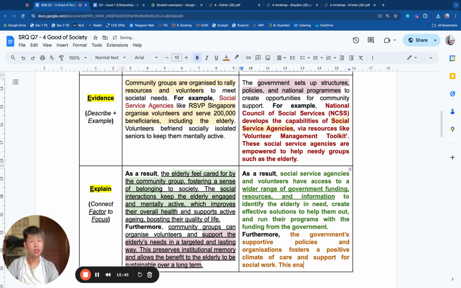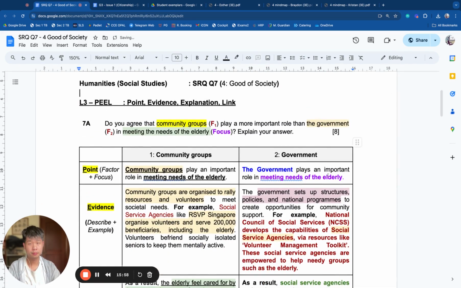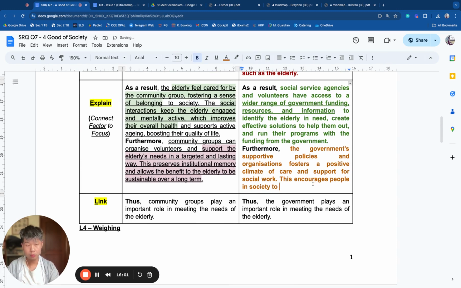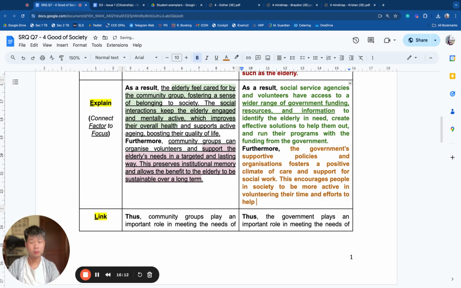This encourages society to be more active in volunteering their time and effort to help and support the elderly, thus meeting their needs.